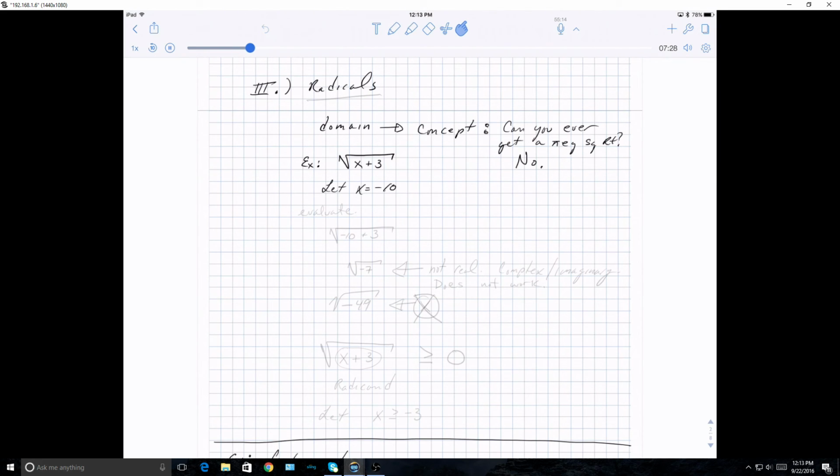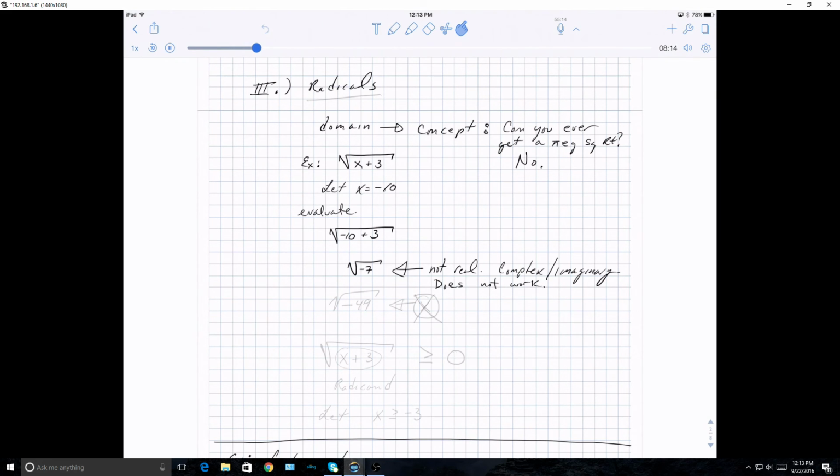And if we evaluate, then what we can see is that this is the square root of negative 10 plus 3, which is the square root of negative 7. And this is not real. So we have to do some funny things with it. Okay, later on we'll do some more stuff with this, but this is a complex or an imaginary number. So this clearly does not work.